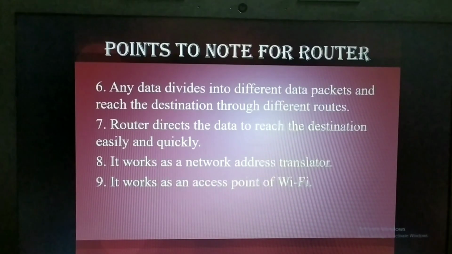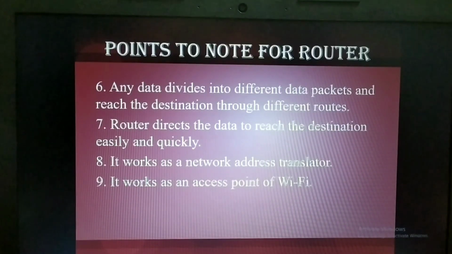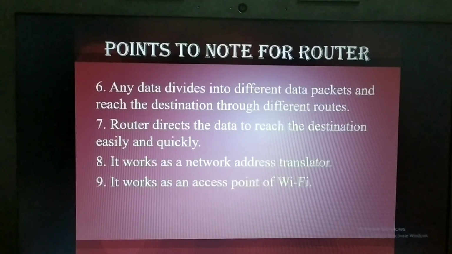Any data or information, if you want to search for or send, first of all it will divide into data packets, and then it will link to the destination and it will reach through the router. Then point number 7, router directs the data to reach the destination easily and quicker. Fine, quickly we have learned these points already.